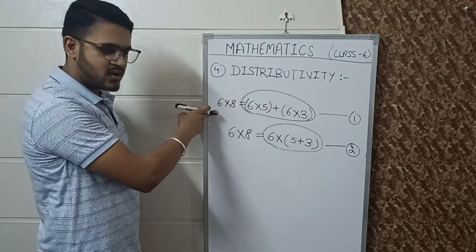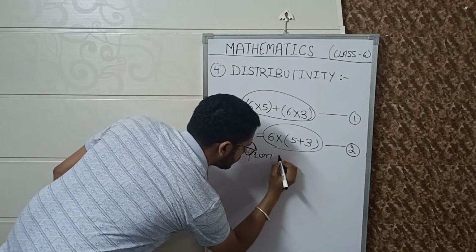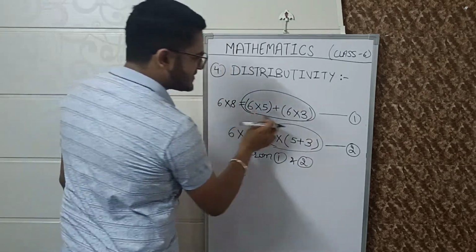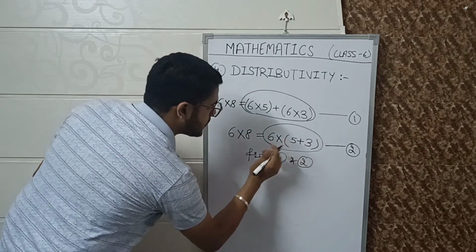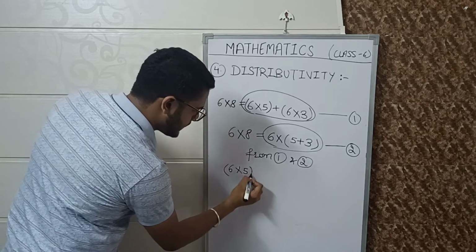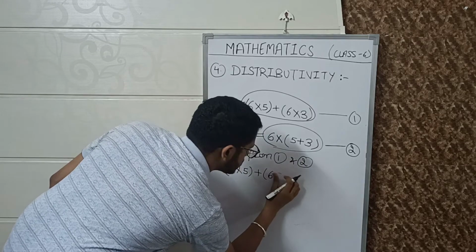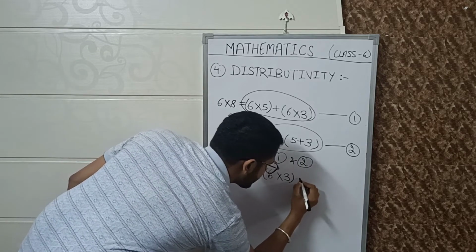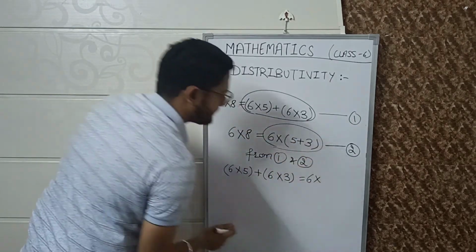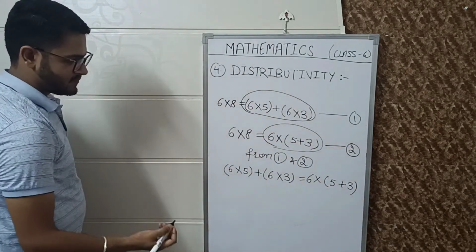This also represents 6 into 8, right? So from equation number 1 and 2, we can say this thing: 6 into 5 plus 6 into 3 is equal to 6 into 5 plus 3, right?